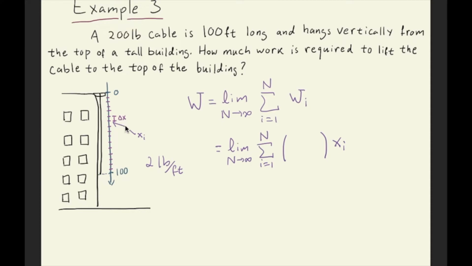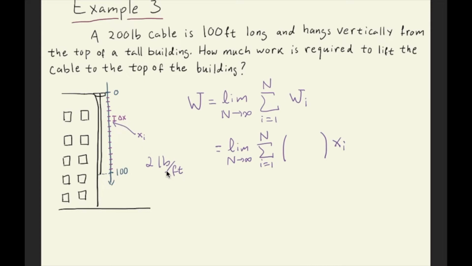And so delta x of a foot will weigh 2 times delta x pounds, right? 1 foot weighs 2 pounds. Delta x feet will weigh 2 delta x pounds, right? In particular, 100 feet will weigh 2 times 100, 200 pounds, right? And that's the force.